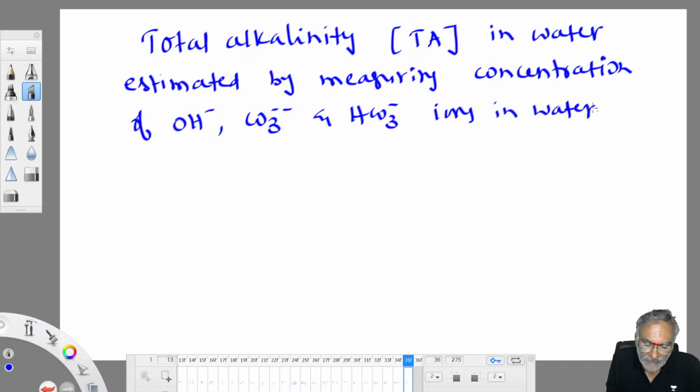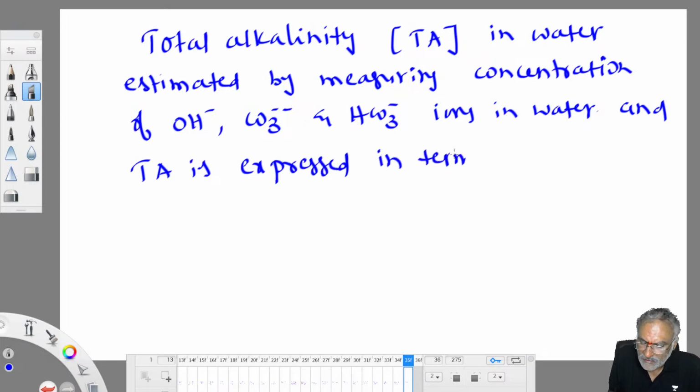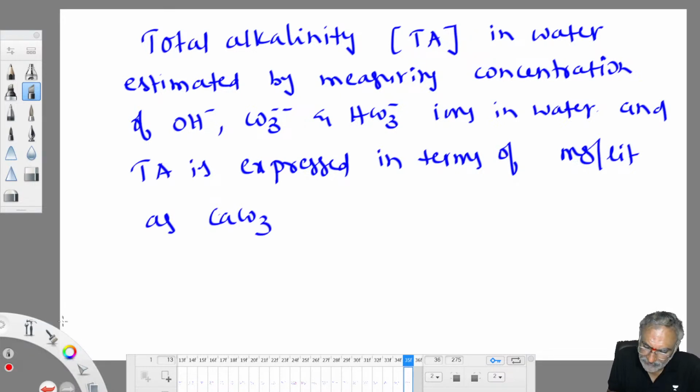Okay? And total alkalinity is expressed in terms of milligram per liter as CaCO3.